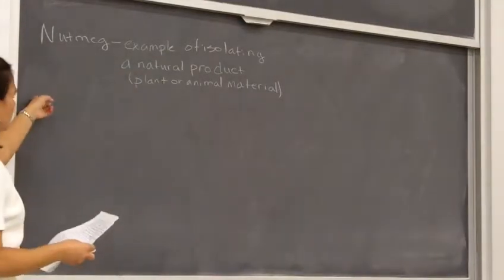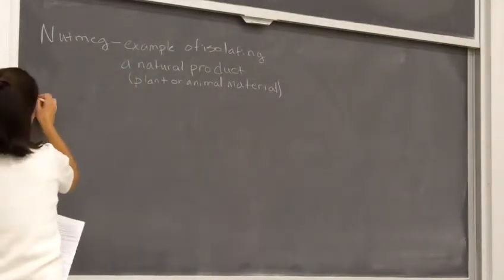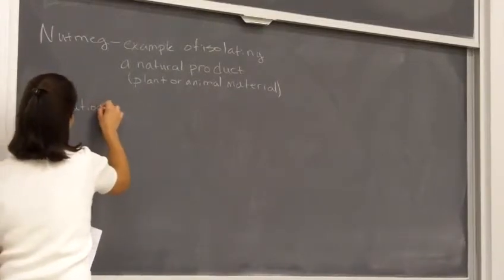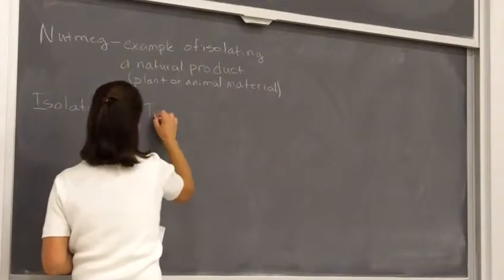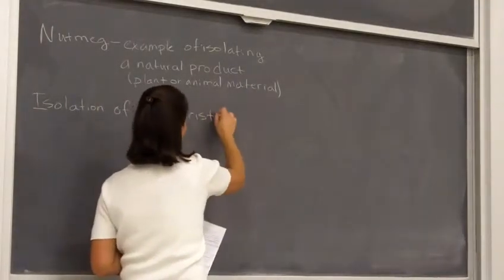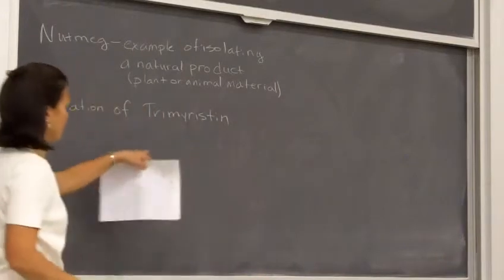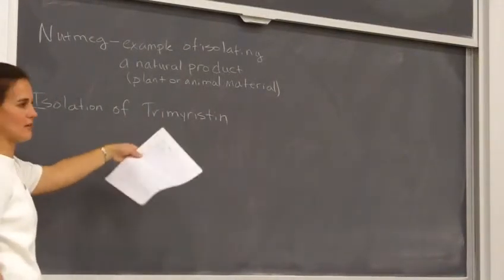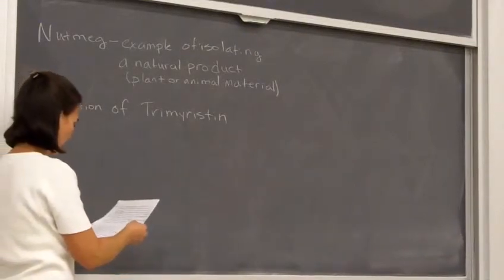Now, this week you also want to practice, we've thrown in some tongue twister vocabulary, so practice saying trimyristin and myristic acid and also spelling both of them.